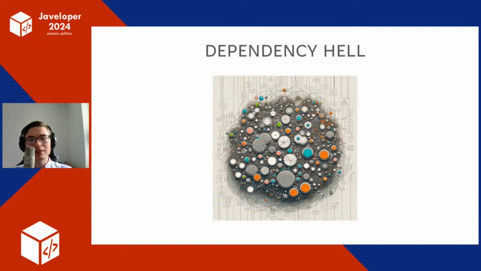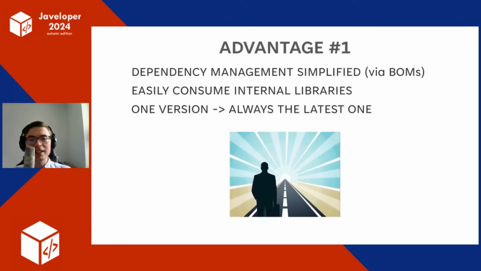So basically, managing dependencies in software is a really painful thing to do. And to me, actually, that is one of the biggest selling point of Monorepo, because it allows us to solve a lot of pain points of the dependency management.